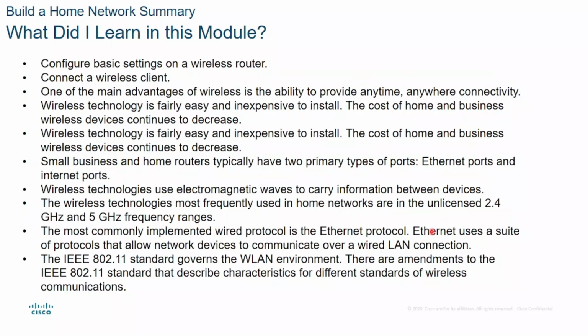I know that home routers and small business routers have two types of ports primarily, the Ethernet port and the Internet port. The Ethernet port is used to connect to your host devices, and the Internet port is used to connect to a DSL or cable modem.